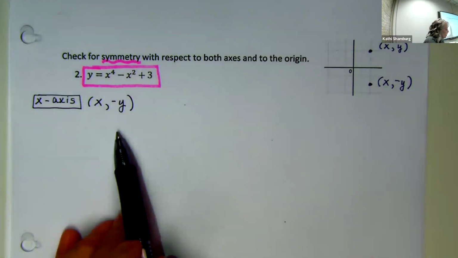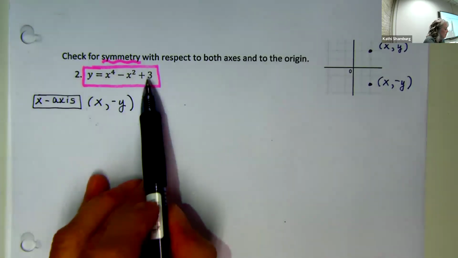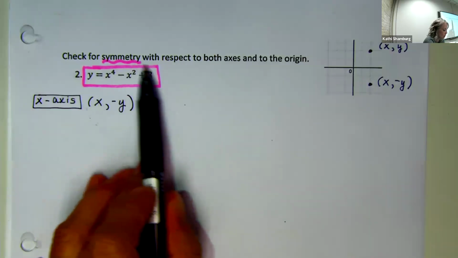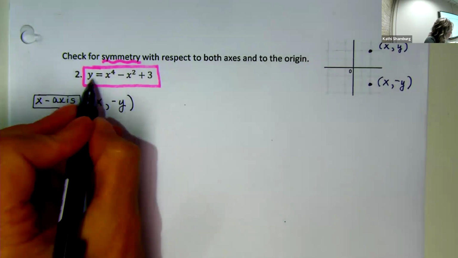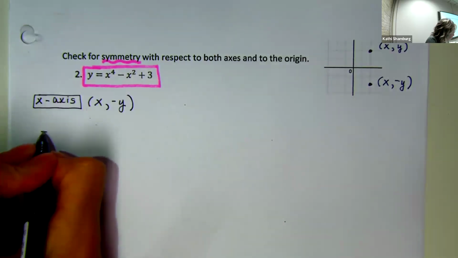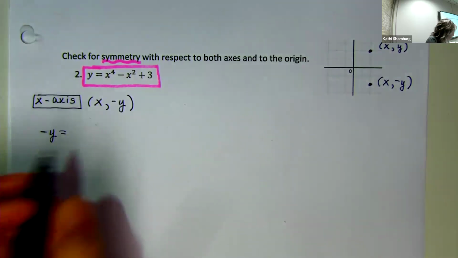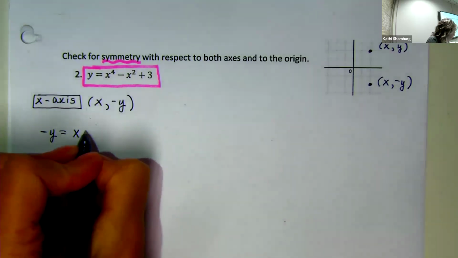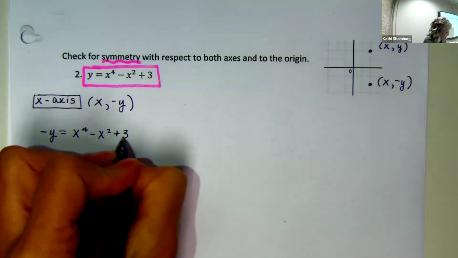Okay, so here's what we're going to do. We're going to substitute this in the original equation, and then I'll show you what we're looking for. In place of y, we're going to put negative y, and in place of x, we're just going to put x. So we have x to the fourth minus x squared plus 3.